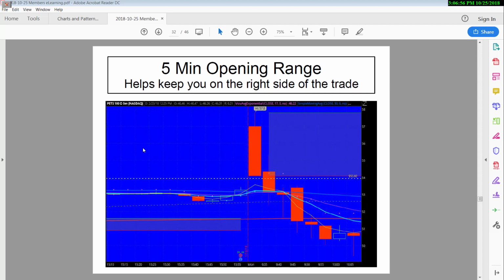I'll use a 2-minute or a 5-minute opening range, and I want it to get above the body. And when it gets above the body, it's going to tell me that it's ready to run. Now, in this case, it went down and it did the bear flag. How can you tell that?